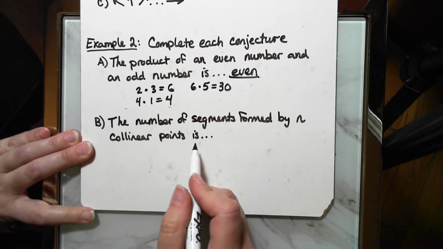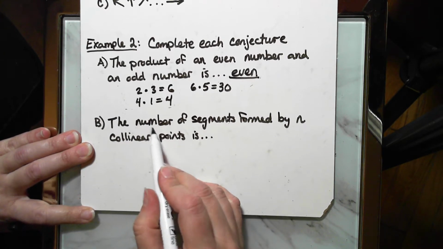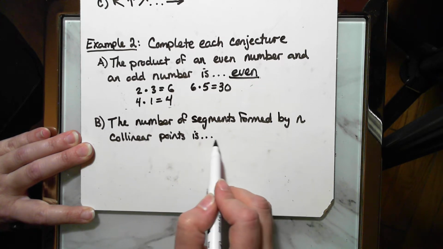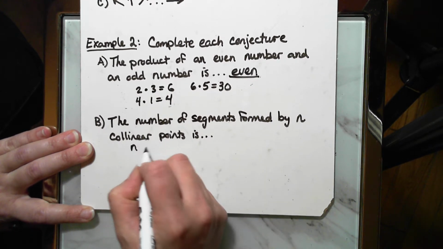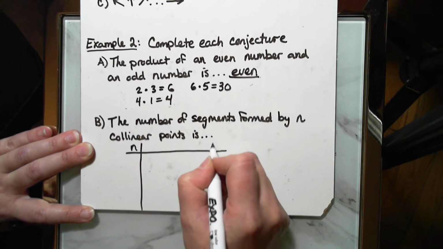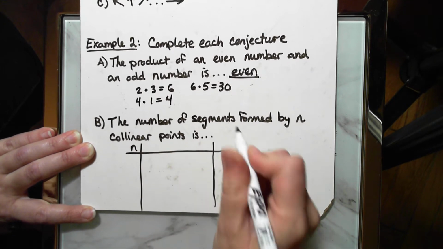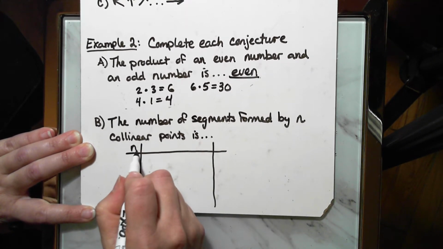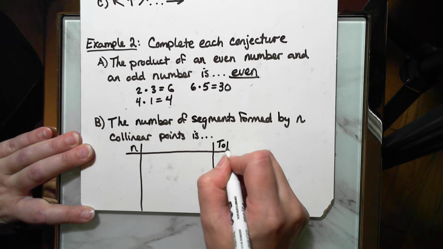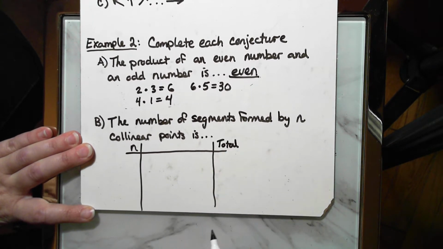In part B, they asked us to complete the statement that the number of segments formed by n collinear points is, so I'm going to see if I can find a pattern. I'm going to make a table, and I'm going to give myself enough room to do a diagram in the middle. N is going to tell me how many points, and over here, I'm going to find the total number of segments.